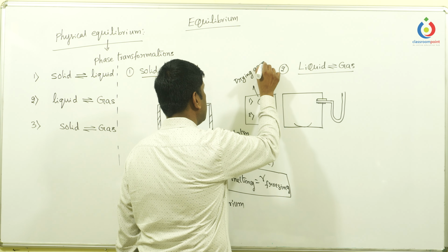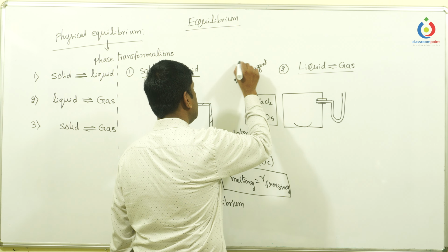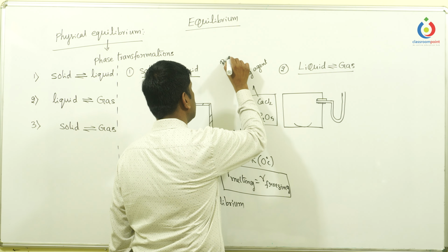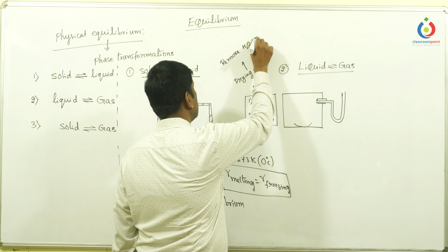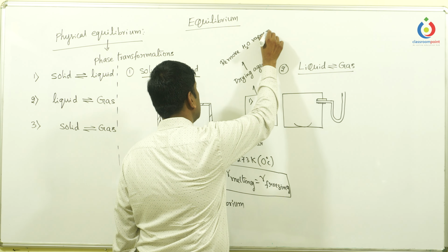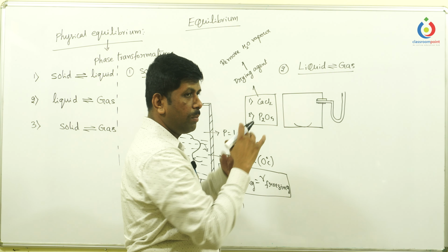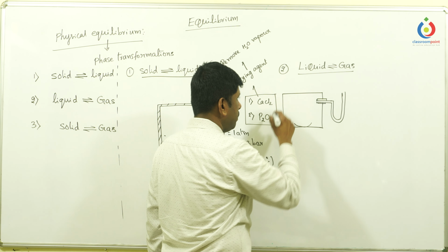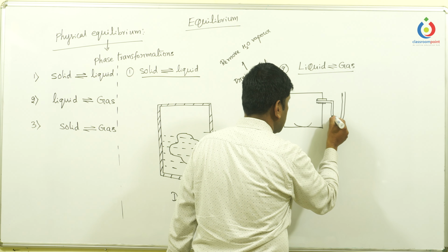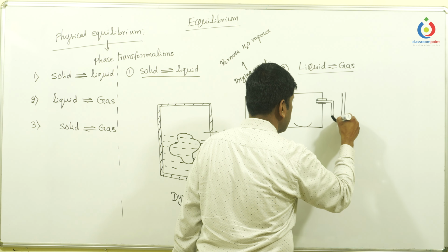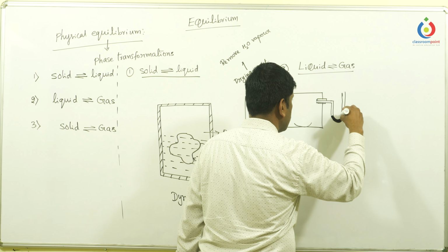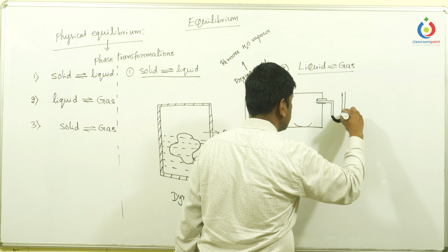What is the use of the drying agents? Drying agents remove H2O vapor, that means moisture. So they remove the entire moisture from this beaker, and imagine this is the reaction vessel. This is the mercury level.